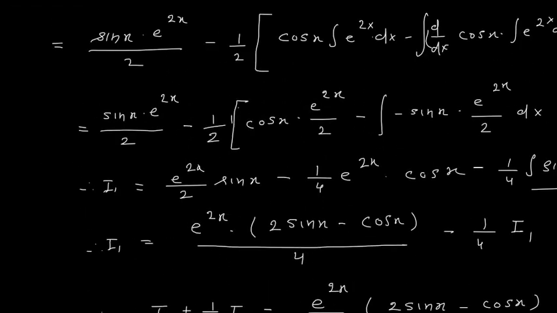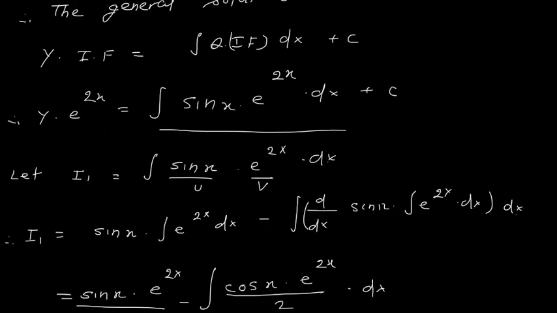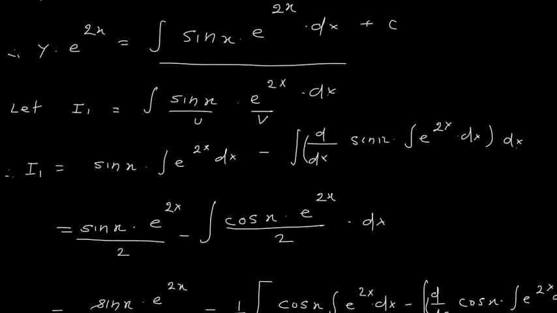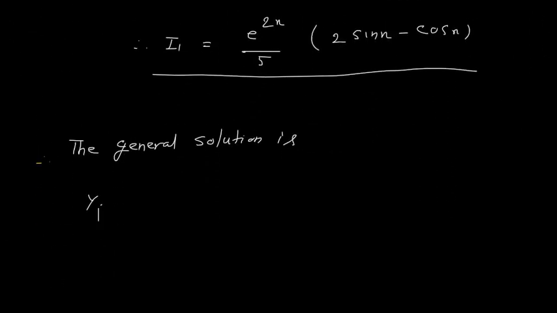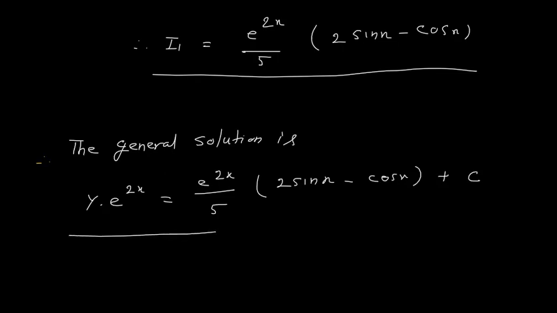So y into integrating factor e power 2x is equal to I1, which is e power 2x upon 5 into 2 sin x minus cos x plus some constant c. This is your general solution.